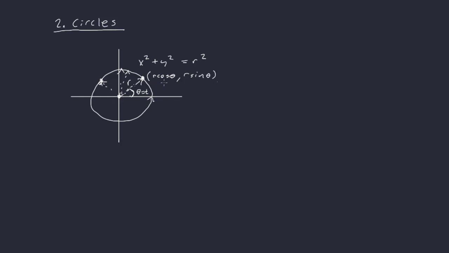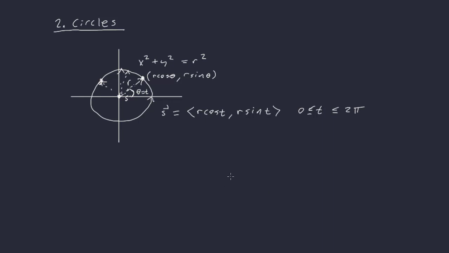We've seen this before in this vector. Let's not call it r. Let's call it s, okay? So s is going to be the vector r cosine t, comma r sine t, right? And if we want the full circle, we're going to do 0 to 2 pi in our t's, okay?